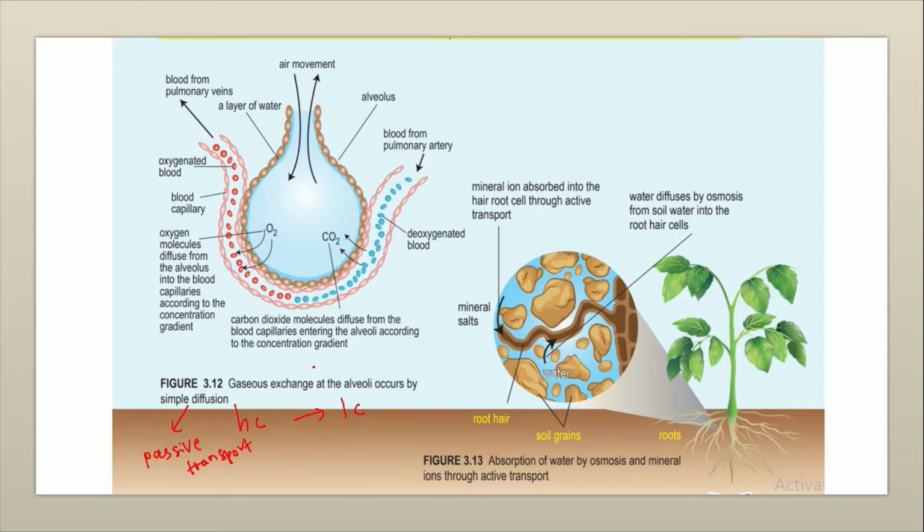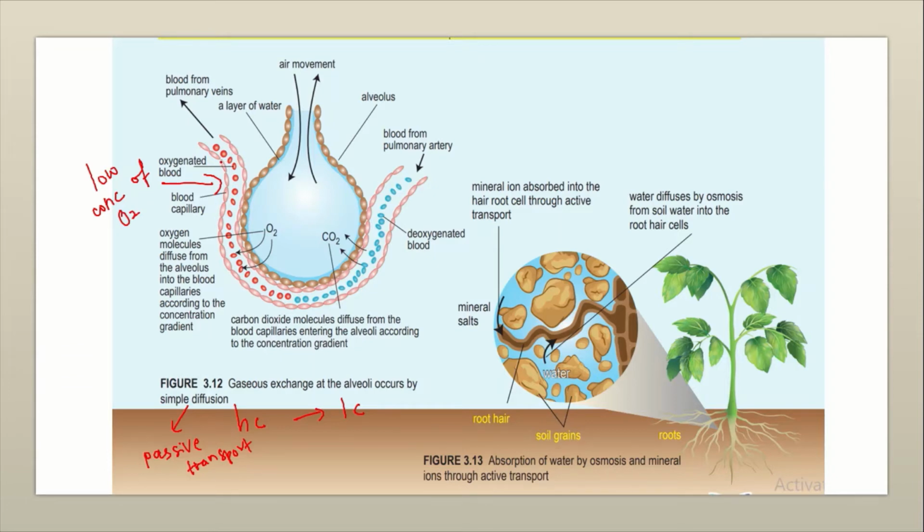Okay, the alveolus is surrounded by blood capillary. In the blood capillary has red blood cell. Red blood cell contain low concentration of oxygen.